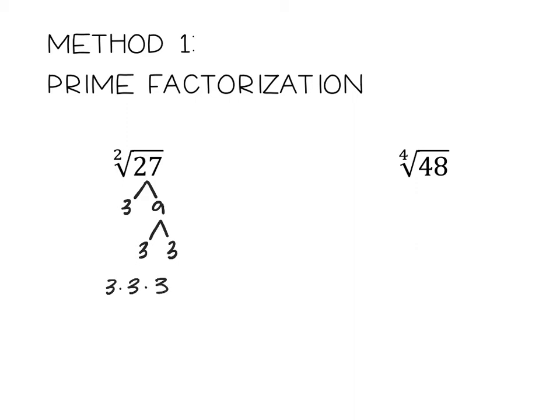Now, to simplify the radical, I'm going to keep the index, that should have been an index of 2, the same. And the rule is that we're going to pull numbers out in groups based on the index.